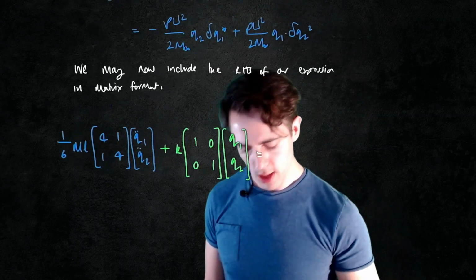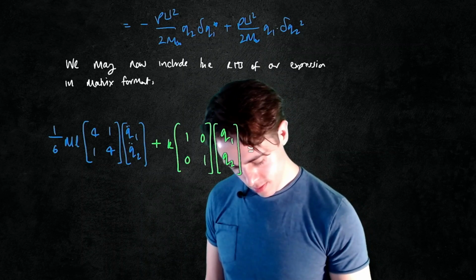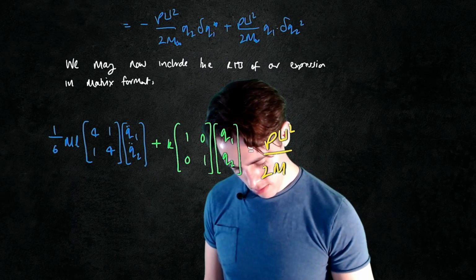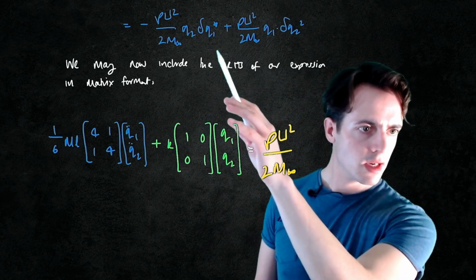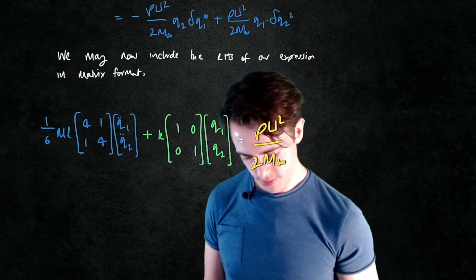So we've got this common rho u squared on 2 times the Mach number, and then we've got q2 multiplied by q1 star, and then q1 multiplied by q2 star.